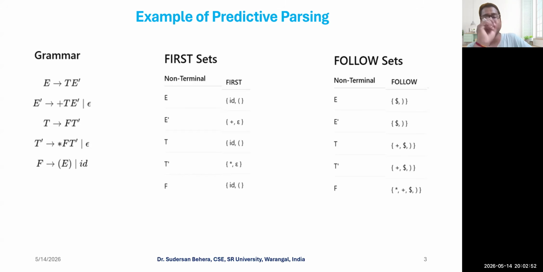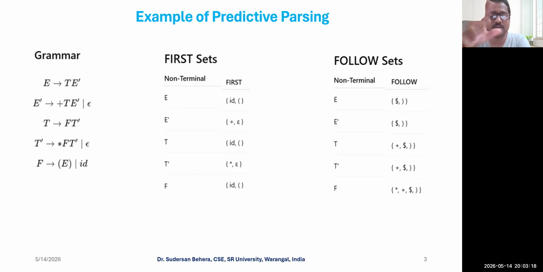That means plus. Plus is what? Is it a non-terminal? No, I asked you the question before. It is a terminal, and epsilon is also a terminal. So here E dash has two first symbols, a terminal which appears first in the string.